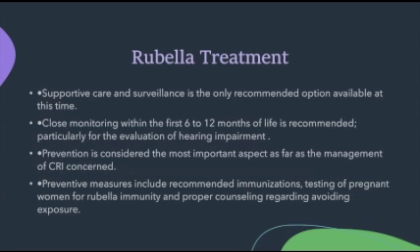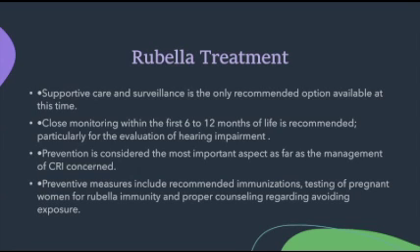When it comes to treatment, supportive care and surveillance is the only recommended option available at this time. Close monitoring within the first 6 to 12 months of life is recommended, particularly for the evaluation of hearing impairment.